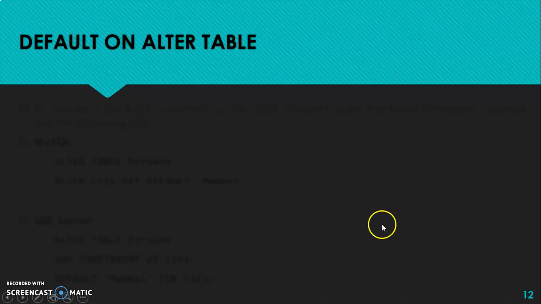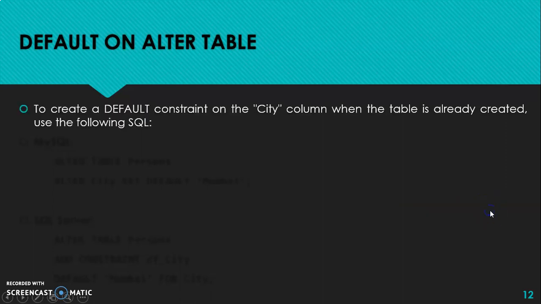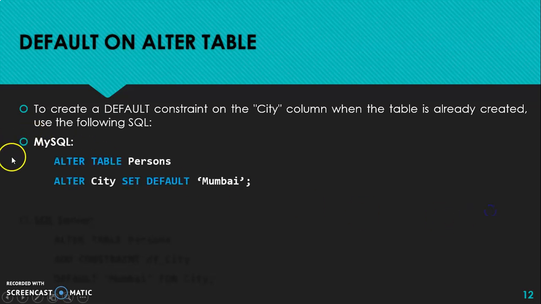Now once you have created a table, and after that you need to add the default constraint, so you can use alter table. So adding a constraint on a city column, if you're using MySQL, alter table person, that is a table name, alter city, set default Mumbai. So this will set the city as default Mumbai.